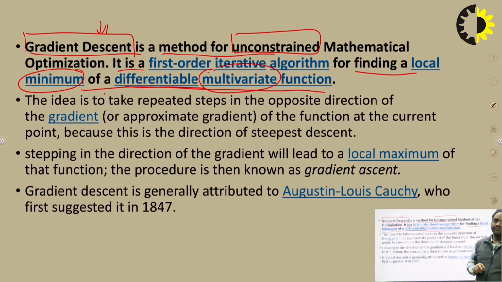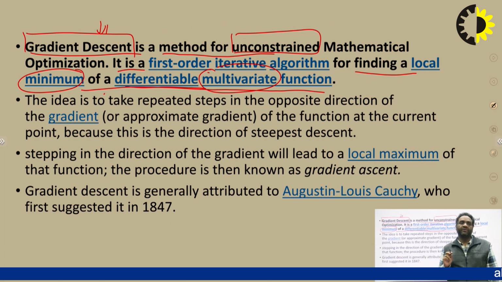Minimum means we are going to find the minimum point of the function. That is your first target. And second, of a differentiable multivariate function, means we have a number of variables that have to be differentiated.